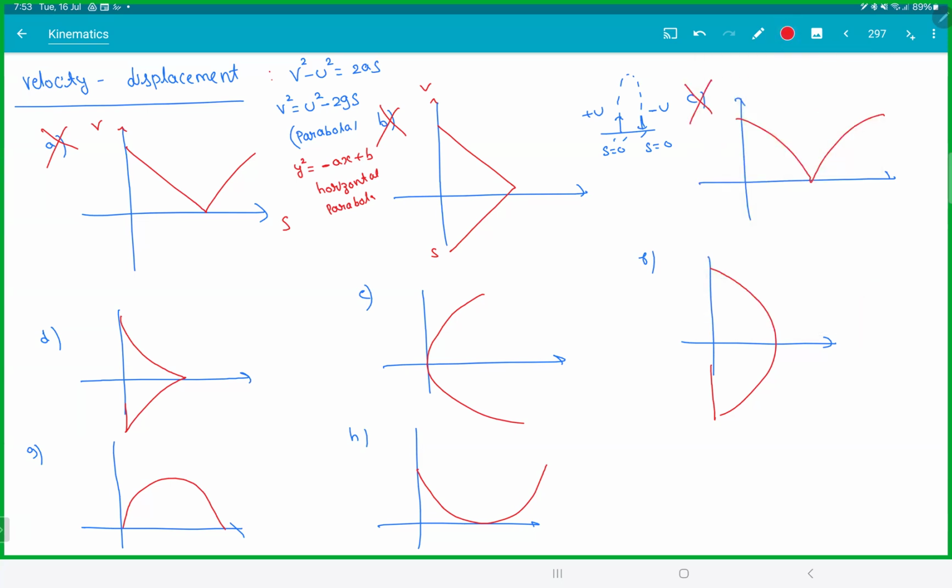This guy is gone. D looks fine. D looks like plus U minus U, fair enough. E is gone. F also looks fine, plus U minus U. G is gone. H is also gone. We're stuck between D and F. Most of the time, you're always stuck with these two things only, generally. Now what?